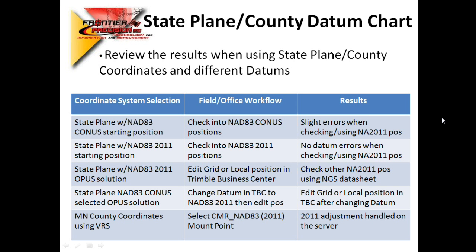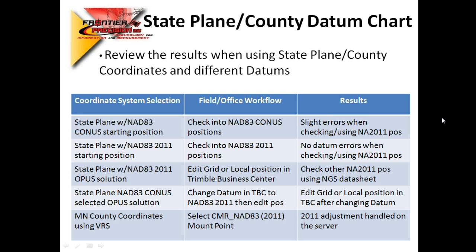Third scenario, if I use state plane with NAD83 2011 designation and Opus, I need to make sure I edit the grid or local position in Trimble Business Center, and I check into other 2011 positions or use the NGS data sheets relative to that adjustment.